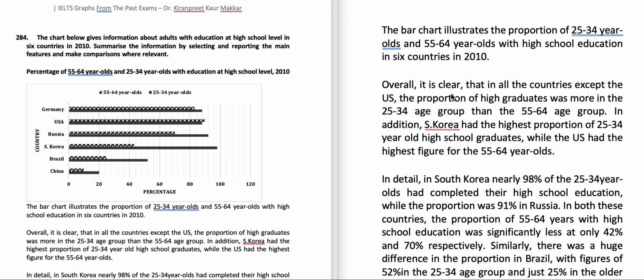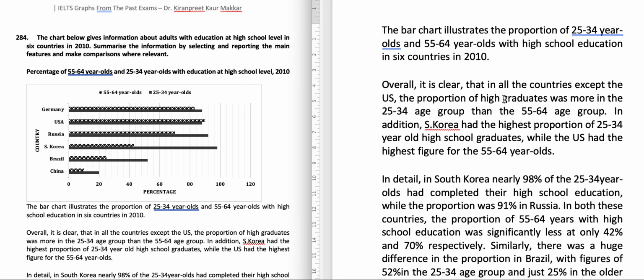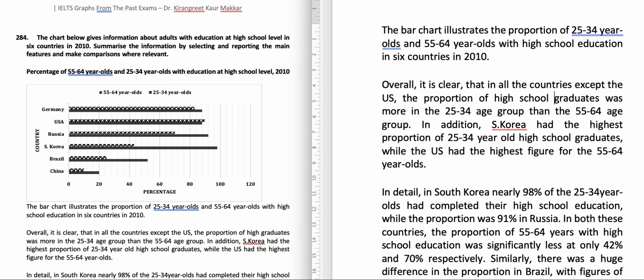Overall, it is clear that in all the countries except the US, the proportion of high school graduates was more in the 25 to 34 age group than the 55 to 64 age group. So you can see only in the US the proportion of 55 to 64-year-olds is more.